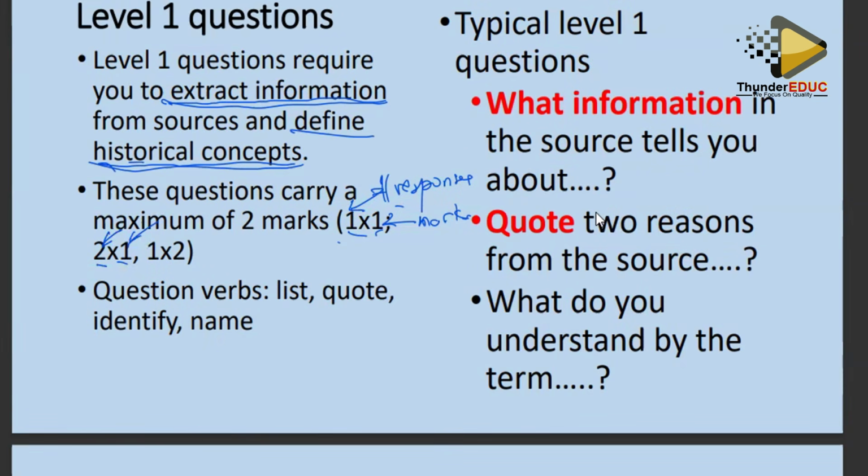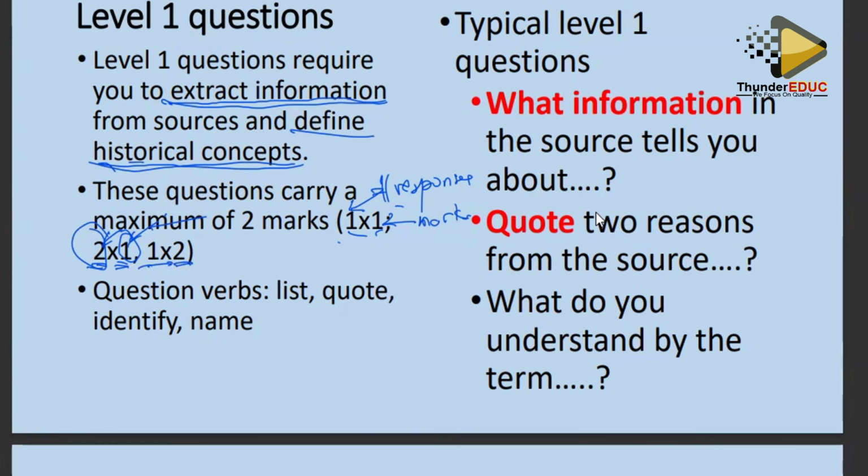And then a 2 mark question can also be made up of 1 by 2. I think you can see this is 1 by 2. It's different from 2 by 1. 2 by 1 means 2 responses, each having 1 mark. This one is a 1 by 2, which means you give 1 response, but that response has got 2 marks.